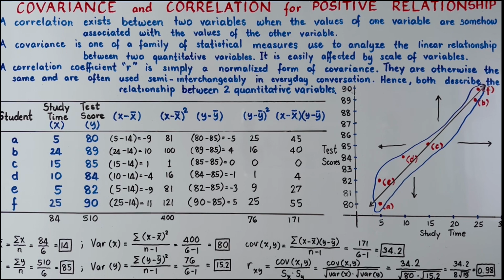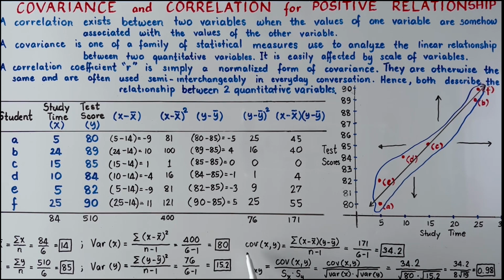And statistically, we can determine that the direction of the relationship is positive not only using the scatter plot, but by computing the R value. And we have here an R value of 0.98. That is very close to positive 1, therefore it has a positive relationship.